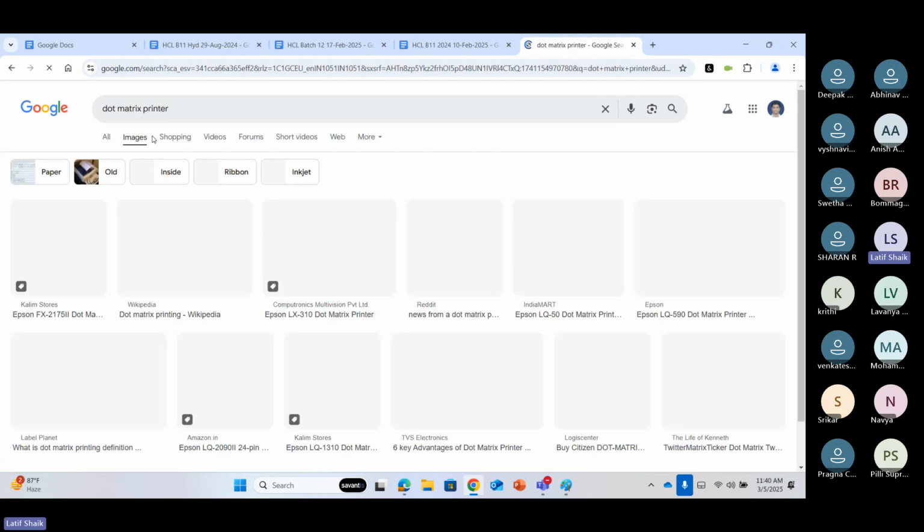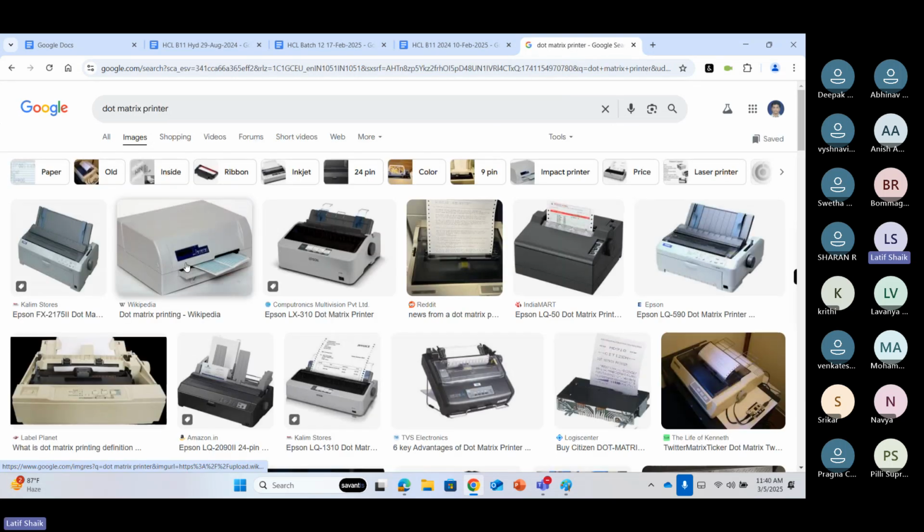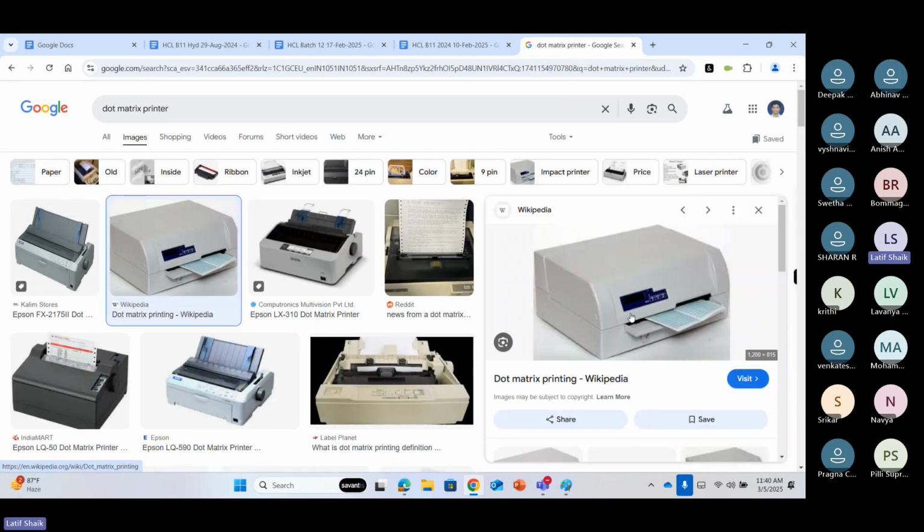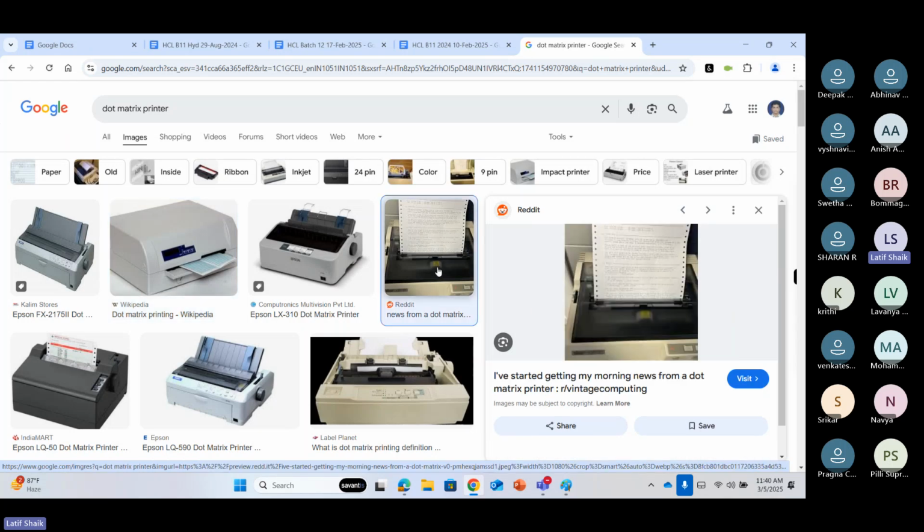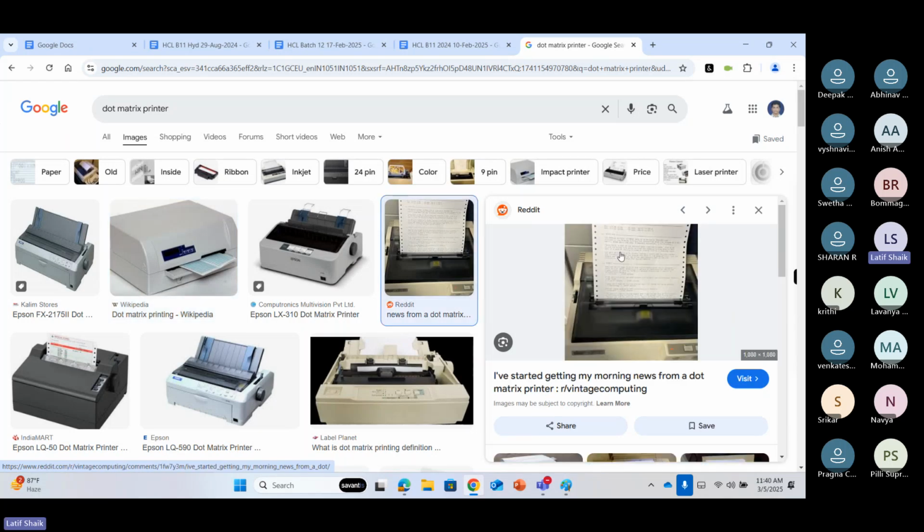So how does this function? We'll see. See, this is a book. Nowadays we are not going to the bank for transactions, right? But if you go to a bank for transactions, they use this type of printer for putting your transactions on your books. This is another printing model.